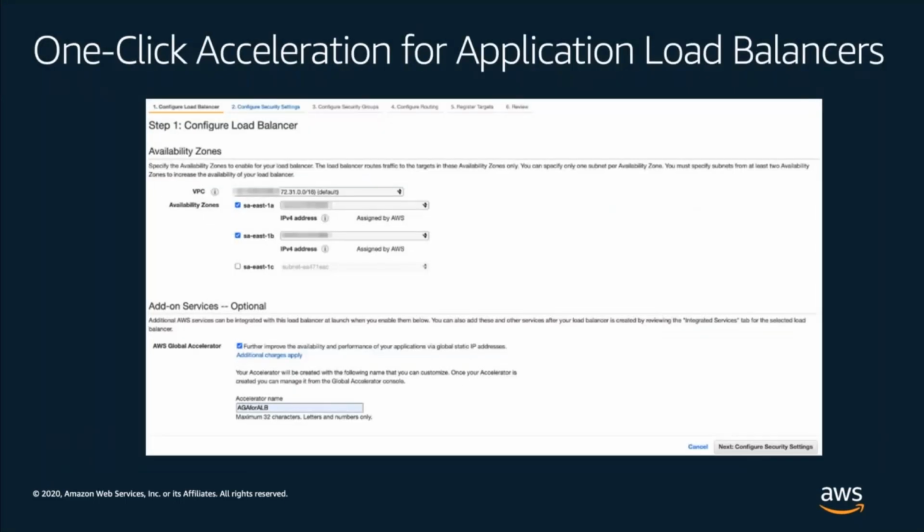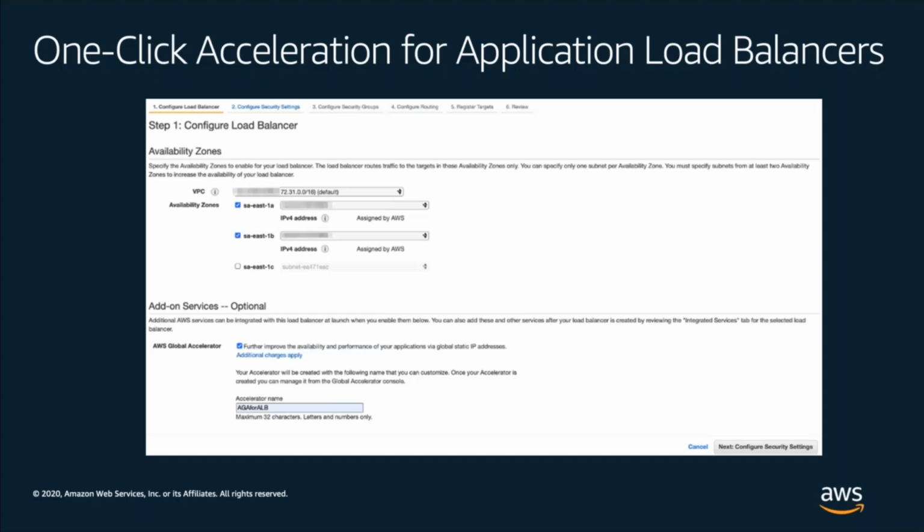And very recently, just a few weeks back, we worked with the Application Load Balancer team to add, again, a simple checkbox into the load balancer creation console to create an accelerator behind the scenes and attach the load balancer to it. When you go to create an Application Load Balancer, on the first page of the wizard you will see an add-on services option.